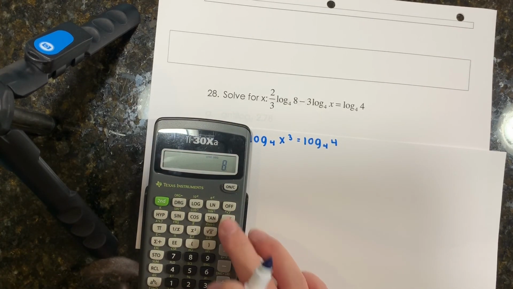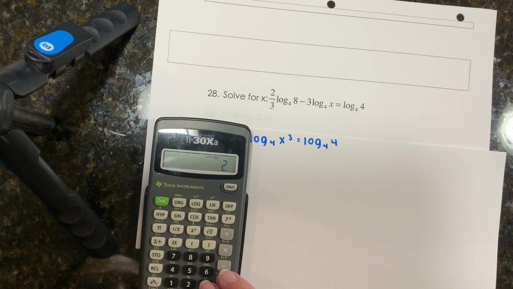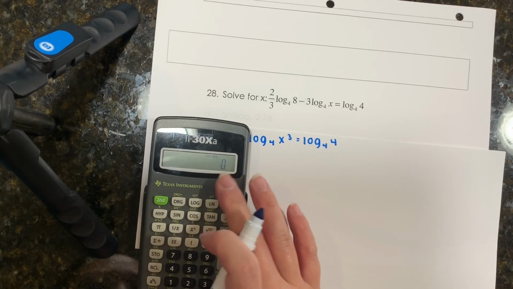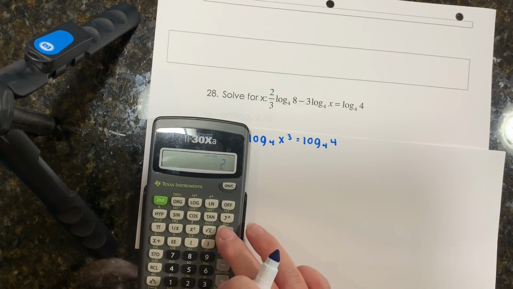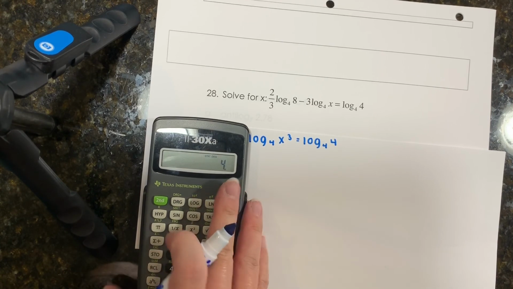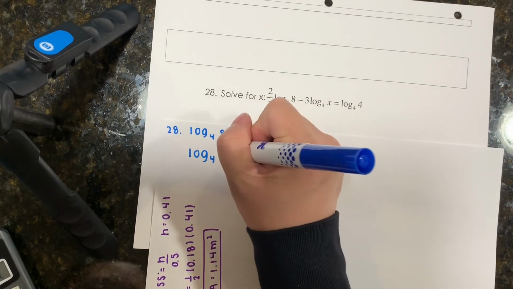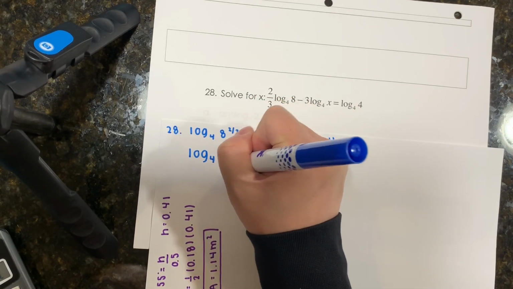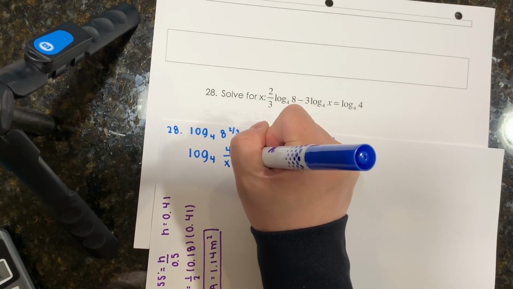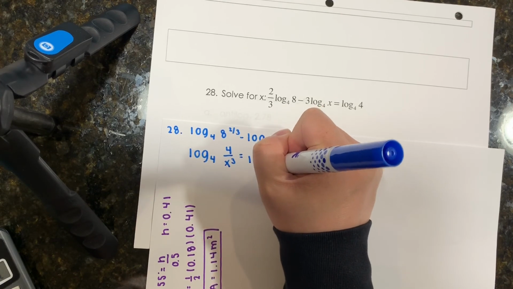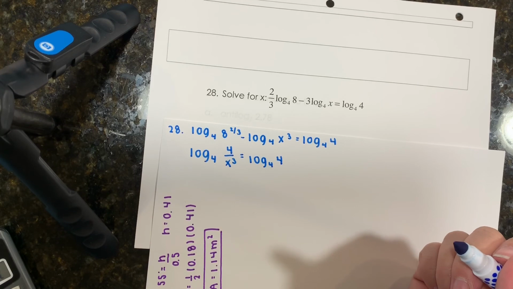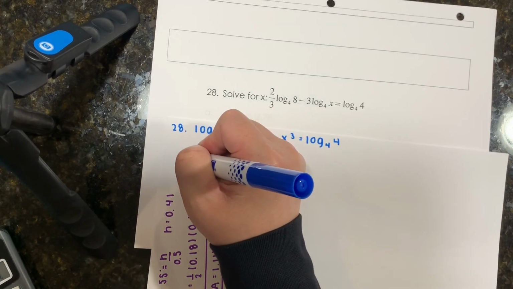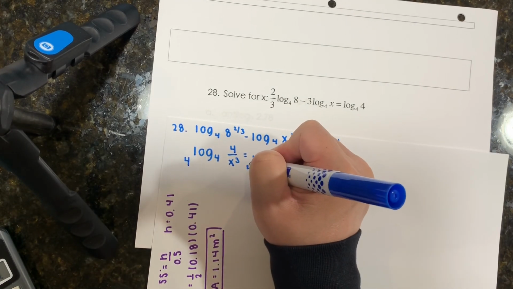And I need to evaluate what 8 to the 2/3 is. So 8 to the power of 2 divided by 3, and that's 4. So that'll be 4 over x cubed equals log base 4 of 4. Now I'm going to eliminate the log base 4s on both sides by raising it to the power of 4. So 4 to the log base 4.